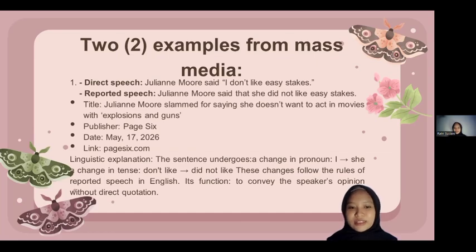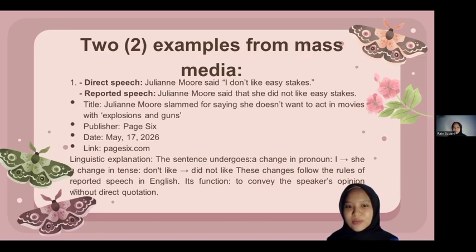Number two is published by Page Six. The date is May 17, 2026. The title is Julianne Moore slammed for saying she doesn't want to act in movies with explosions and guns. The direct speech is: Julianne Moore said, "I don't like heavy stakes."